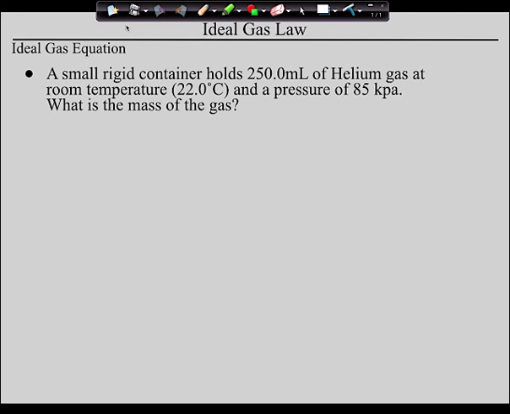So guys, let's take a swing at this. If you read the last sentence, what are we solving for? What is the mass? Now guys, if you throw PV = nRT on your paper, you'll immediately notice that you got a problem. Because your goal is mass, and there ain't no mass in PV = nRT. So what are you going to do?